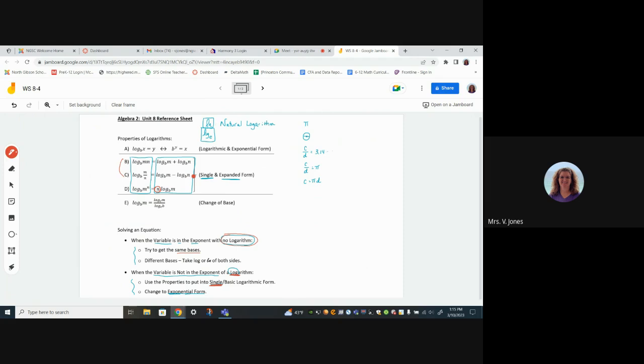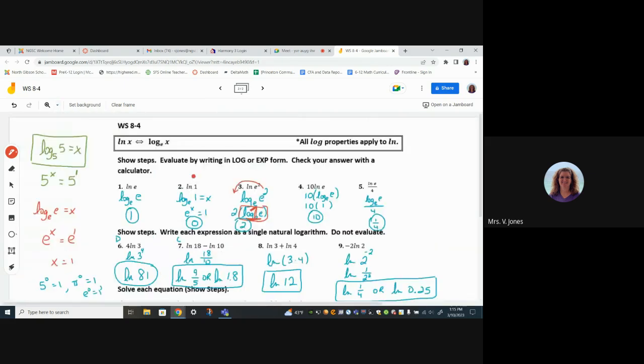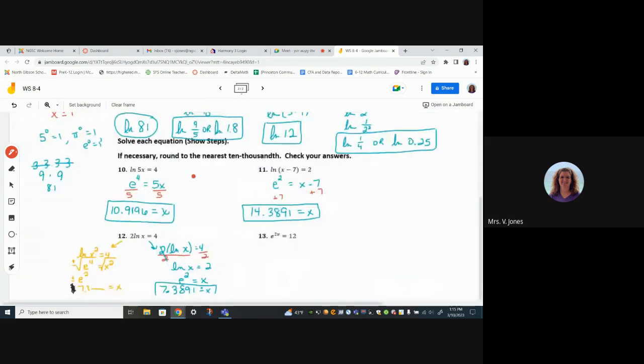But if we can't, then we're going to take the logarithm or the ln of both sides. So we are going to first try to see, can we write 12 with the base of e? And you can't do that. E is 2.7. If you start doing a factor tree, you will not have e times e or anything like that. Cannot write 12 as a base of e.